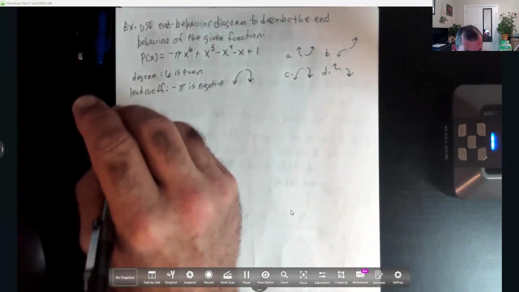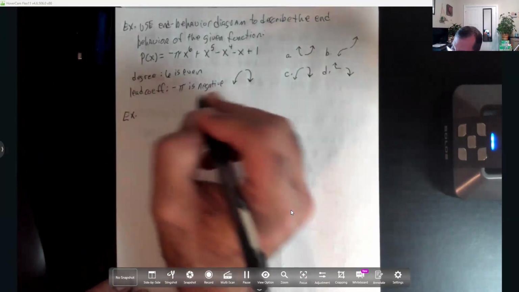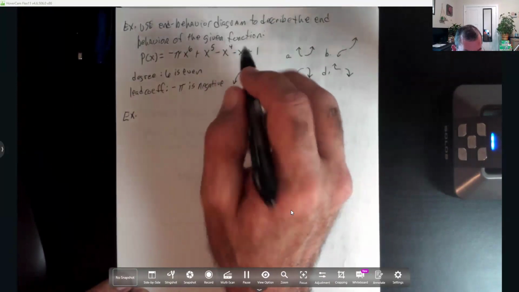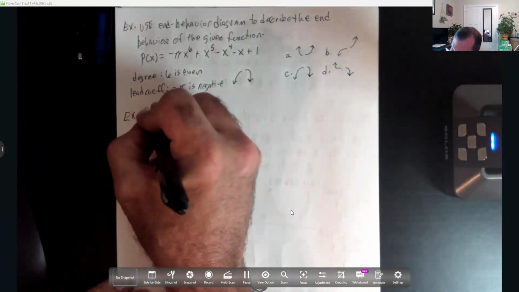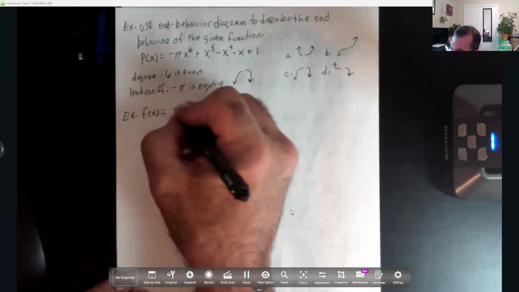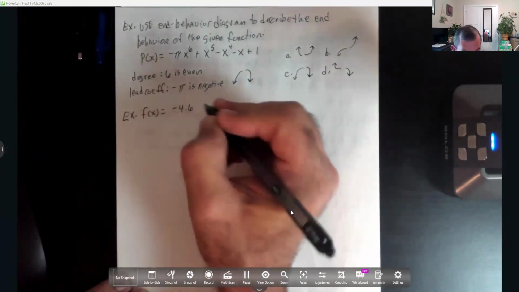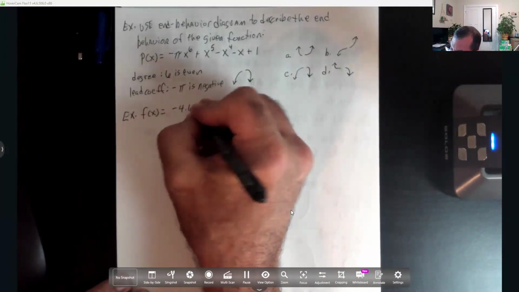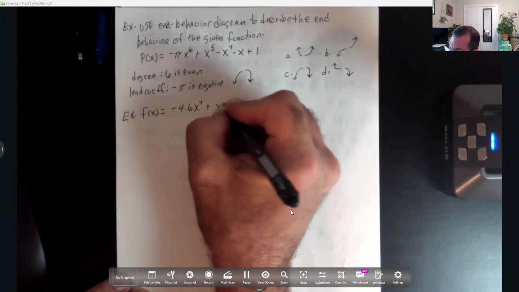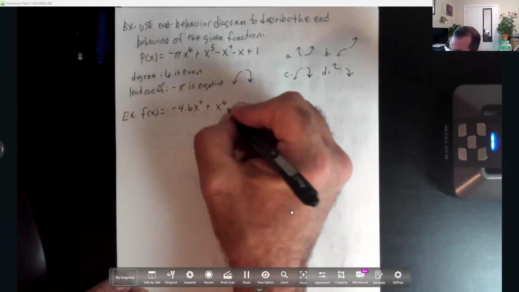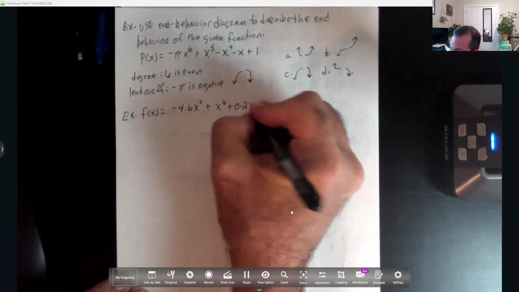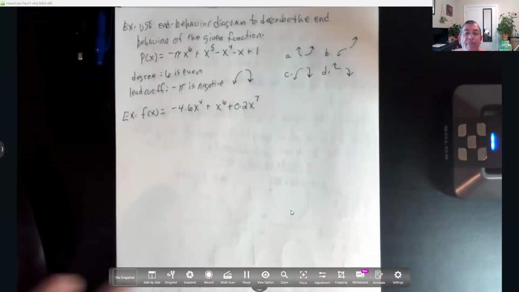Same thing: use the end behavior diagram to describe the end behavior of the graph. I've got f of x equals negative 4.6 x to the fourth plus x to the sixth plus 0.2 x to the seventh.